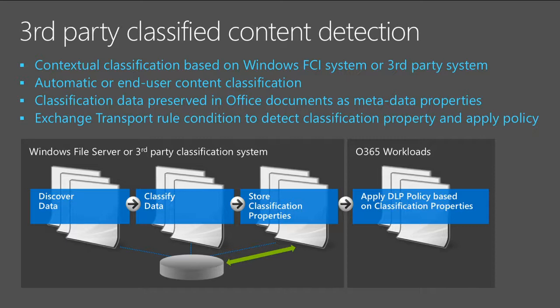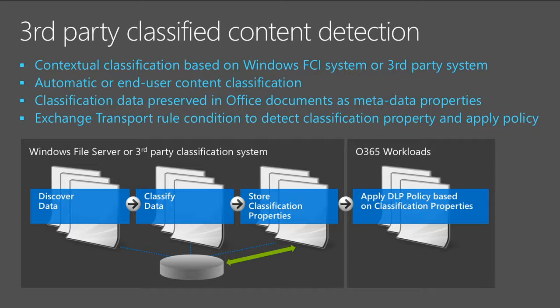So in this capability, what we're allowing is, instead of us analyzing the content and coming to a decision, is this sensitive or not, we're actually leveraging the metadata that has been stored in the documents themselves to decide, is this sensitive or not. So we're able to leverage any of the legacy systems you have that have analyzed content and marked it as being sensitive or not, and be able to take actions on it.